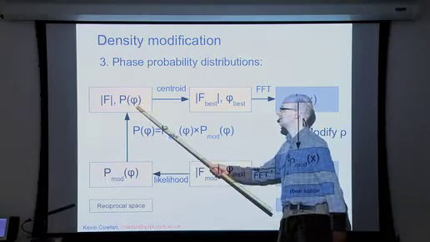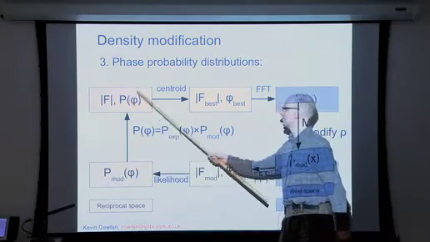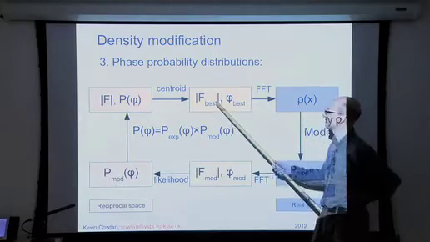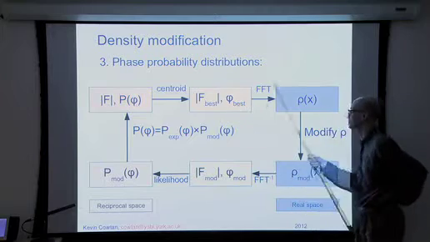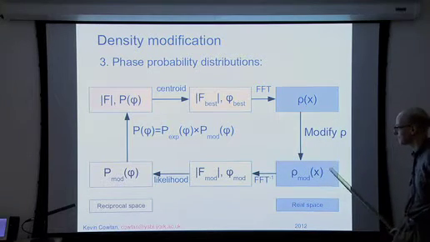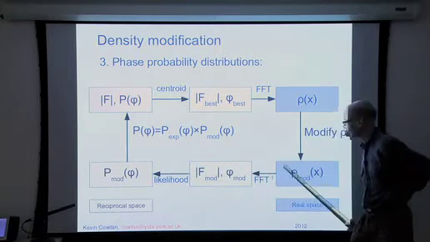So what we actually do is start with our phase probability distribution. We calculate the center of mass of that distribution, as I described earlier. That gives us a weighted F and a best phase, and that's what we calculate the map from. And when we do our back transform, that gives us an amplitude and a single phase, not a distribution.